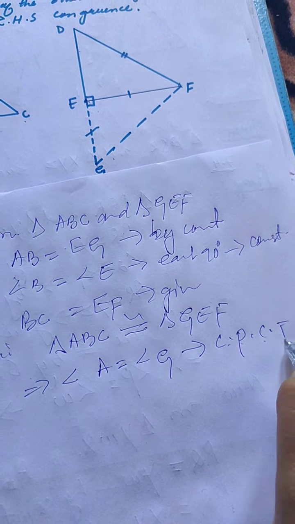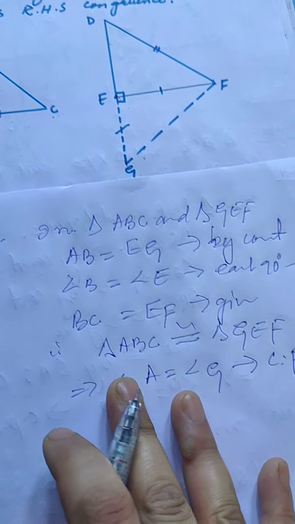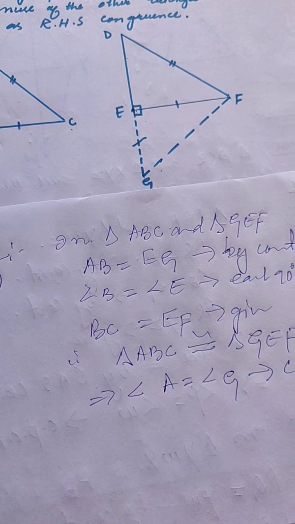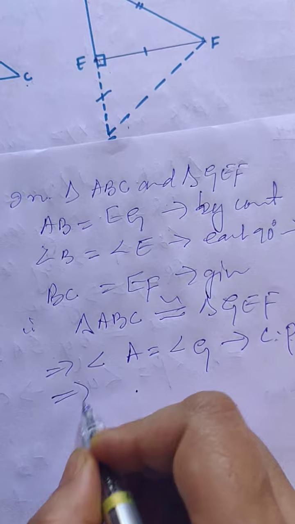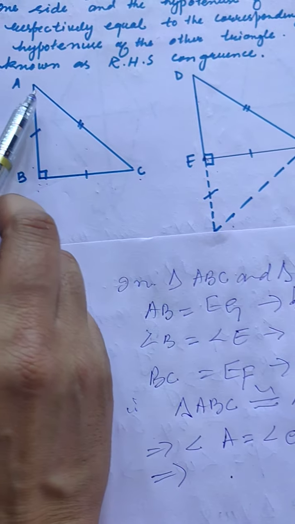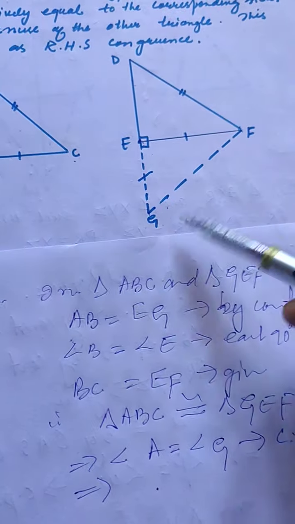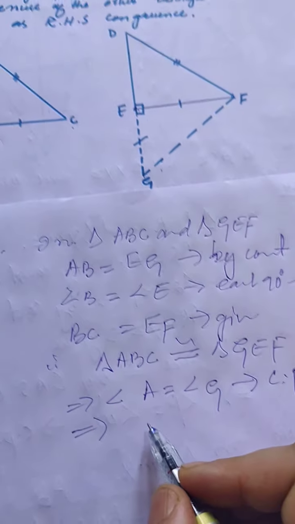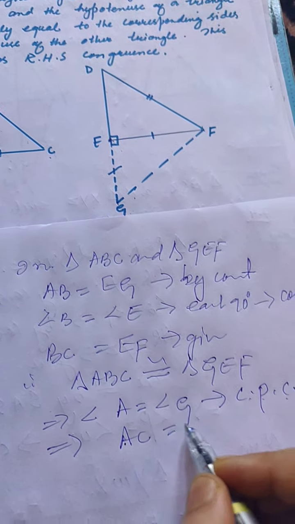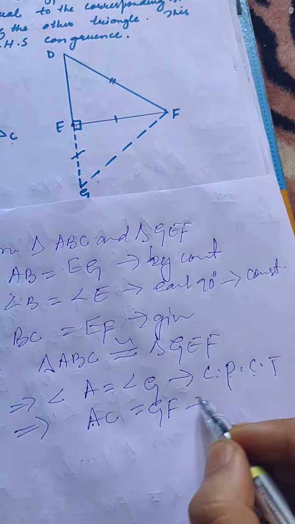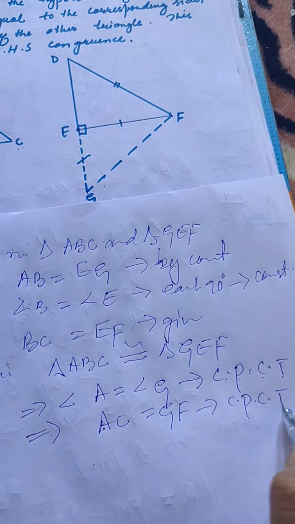Corresponding parts of congruent triangles are always equal. Now I can take here AC is equivalent to GF. This is also the corresponding part, also CPCT.